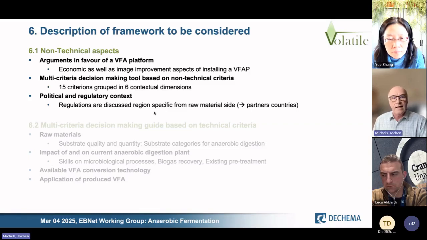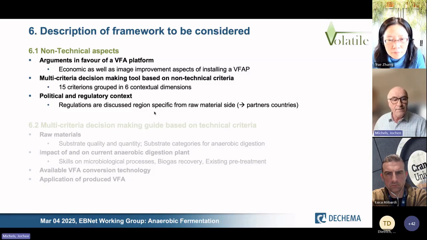So it is economics as well as image improvement aspects we had discussed, and we had also put it into the political and regulatory contexts. These regulations are discussed region-specific from the raw material side. So we involved all partner countries of the project to give this discussion on the regulations.